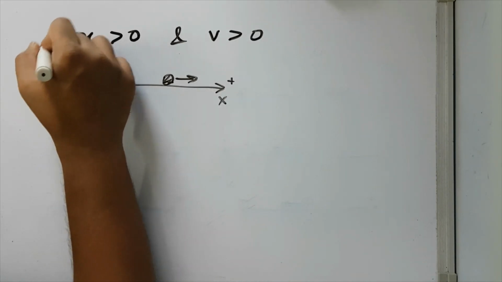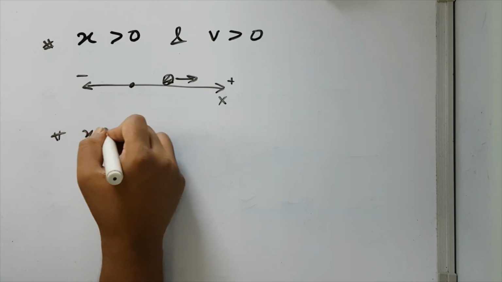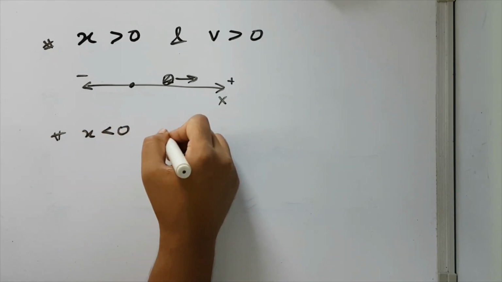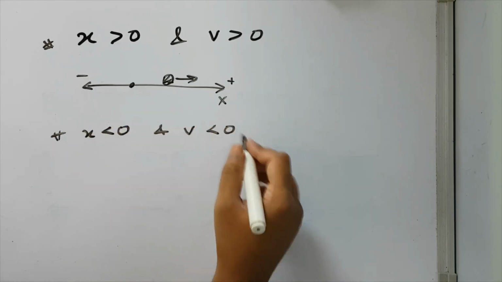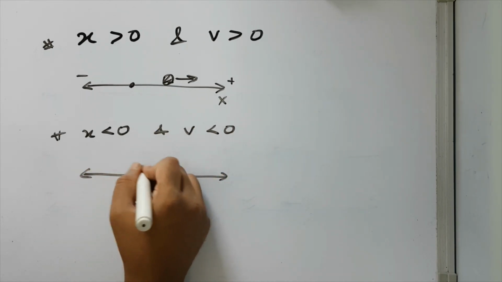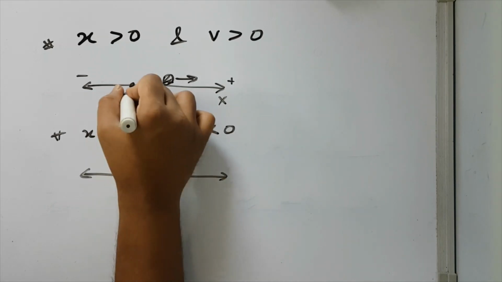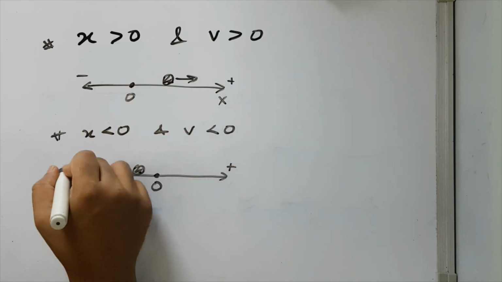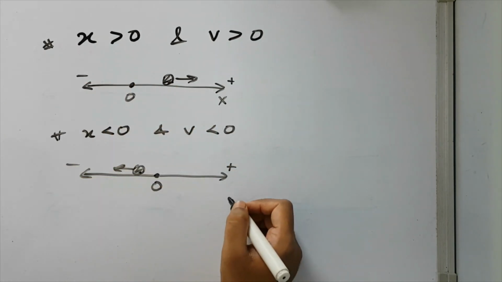What if I say x is negative and v is also negative? That means the particle is on the negative side of the origin, this is the origin, and moving towards the negative direction.